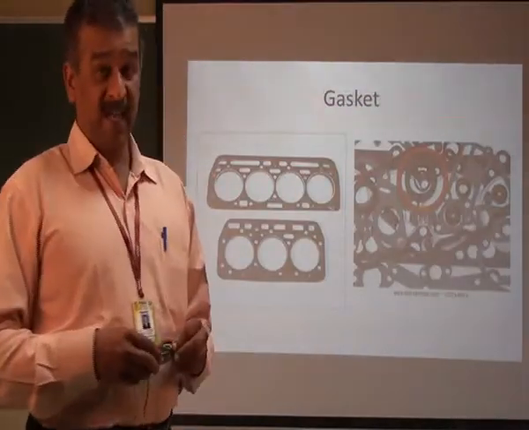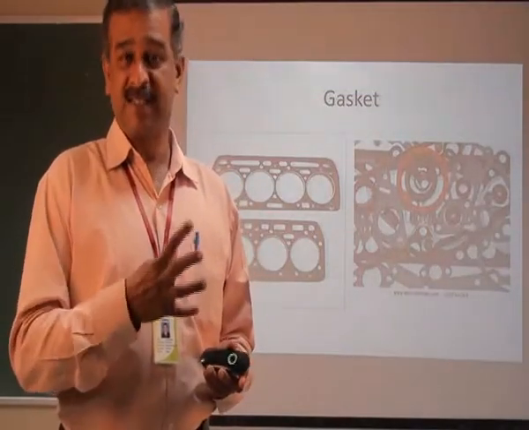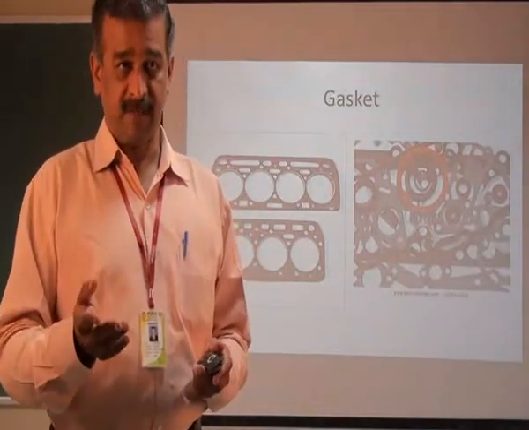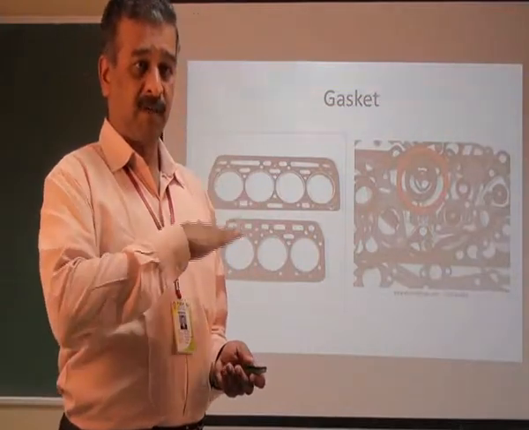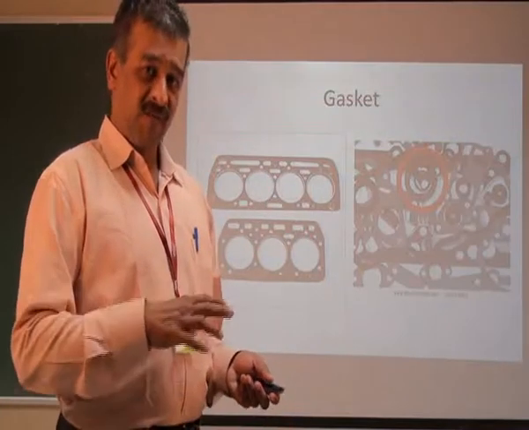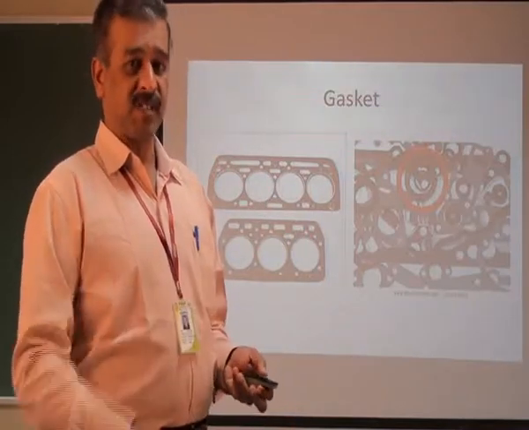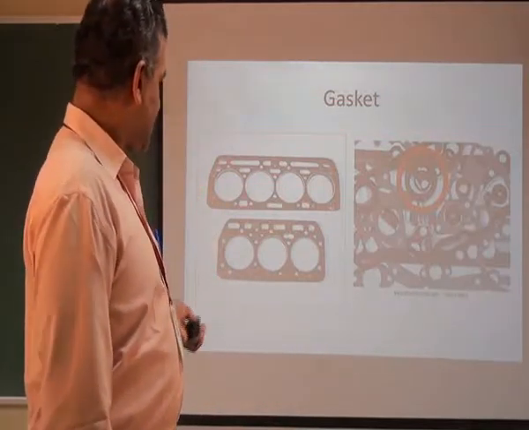Then I was telling about gaskets, which do not allow any gaseous part outside. Normally the gasket is placed in between the cylinder head and the cylinder block. And wherever this type of application is there, we can use these gaskets. So this is a cylinder gasket.